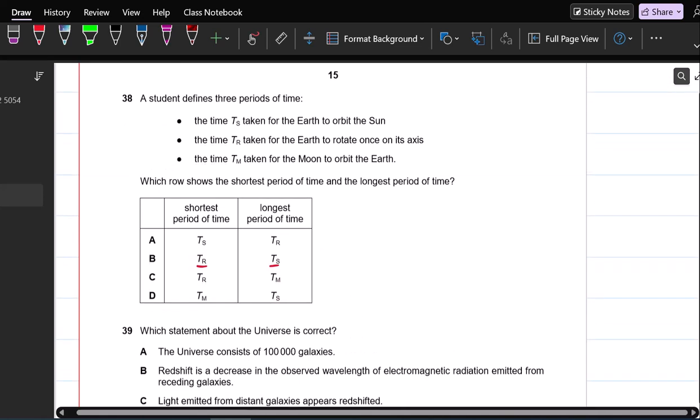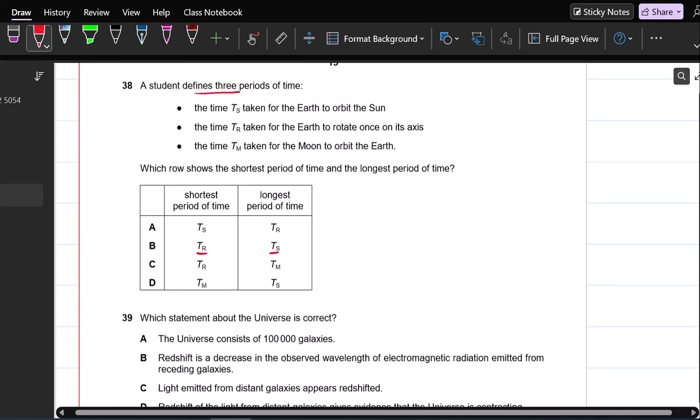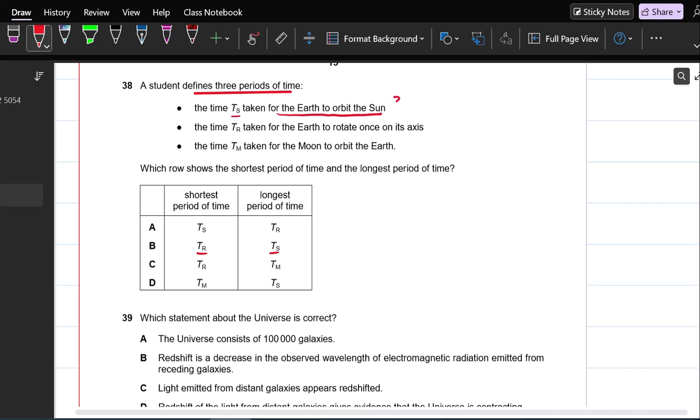Moving to question 38. A student defines 3 periods of time. The time TY taken for the Earth to orbit the Sun, it takes 365 days. Time TR taken for the Earth to rotate once on its axis, it is 24 hours, not days, it is hours.